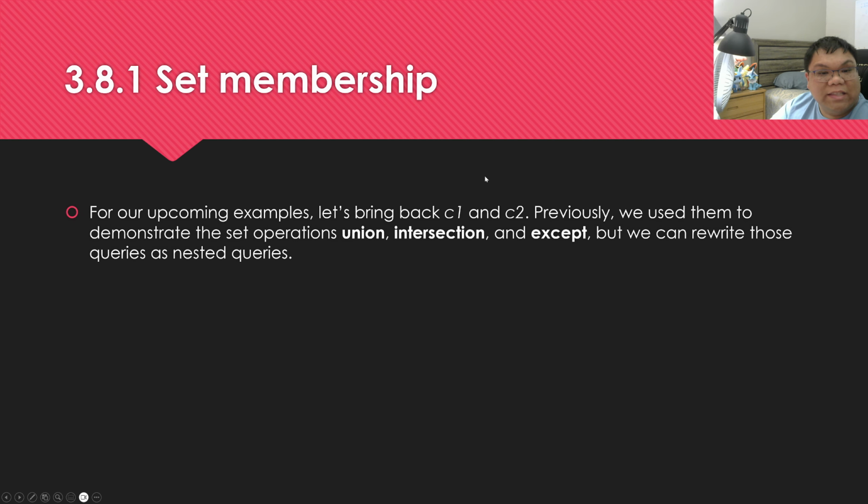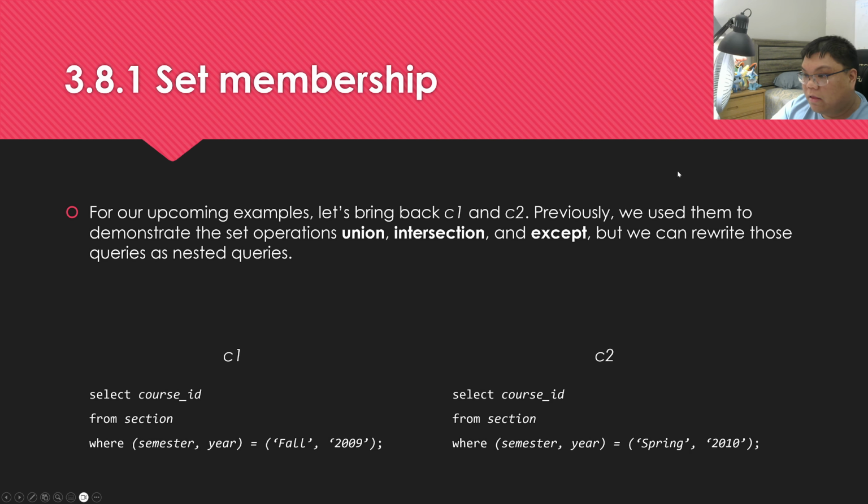Let's bring back C1 and C2. We used these earlier to demonstrate the set operations union, intersect, and except, but we can rewrite them as nested queries. So here's the queries for C1 and C2. Rather, the queries that produced C1 and C2.